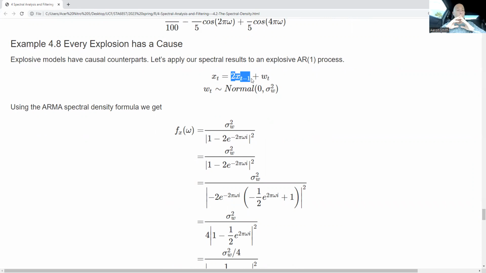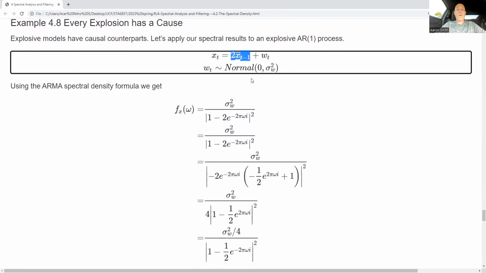Okay, well, don't we have a connection between explosive time series and well-behaved time series? Yes, we do. What we want to do now is use density formulas to figure out what is the well-behaved representation, the stochastically equivalent time series that is well-behaved instead of explosive.